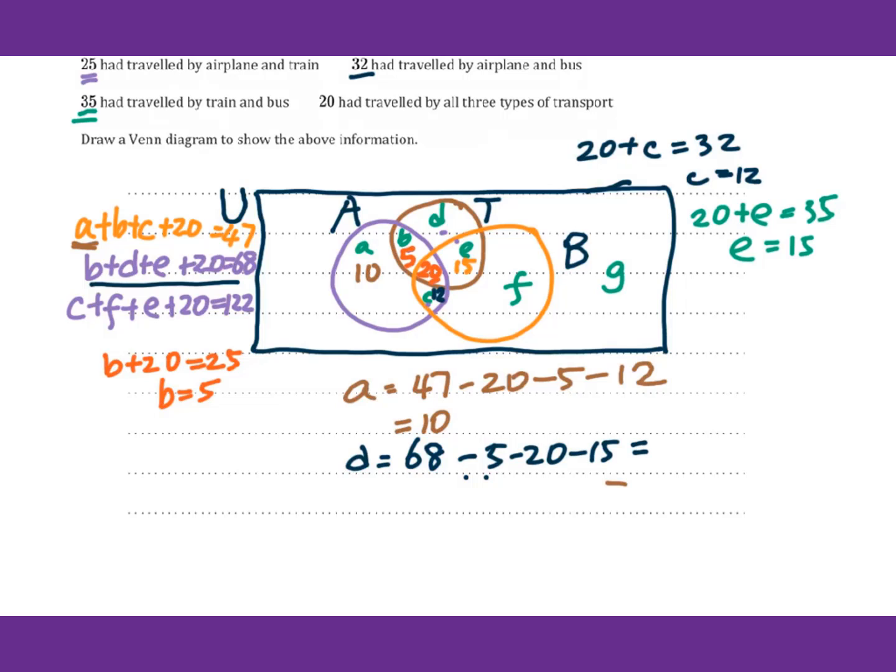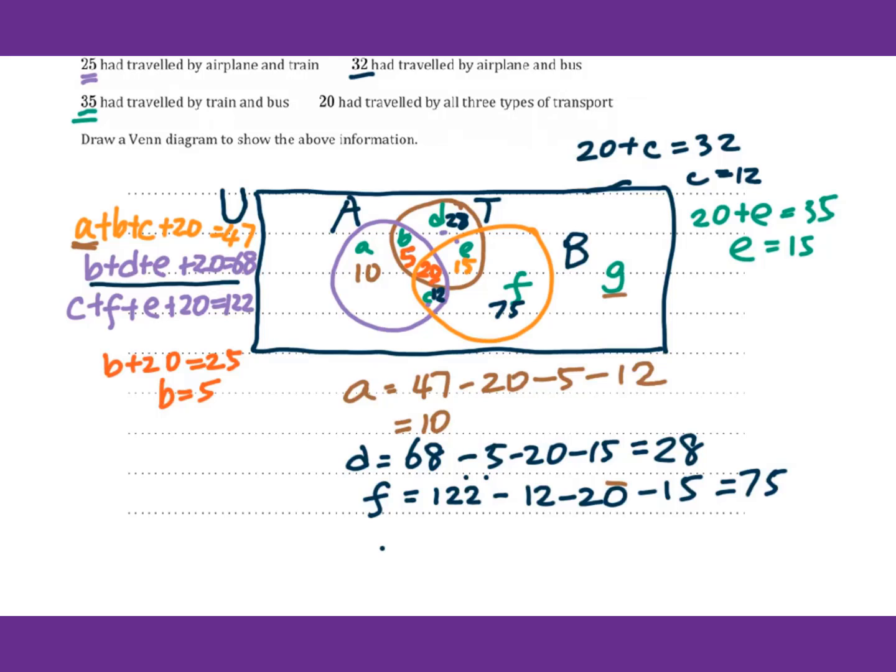You will get 28. For F, you will get 122 minus 12 minus 20 minus 15. You will get 75.